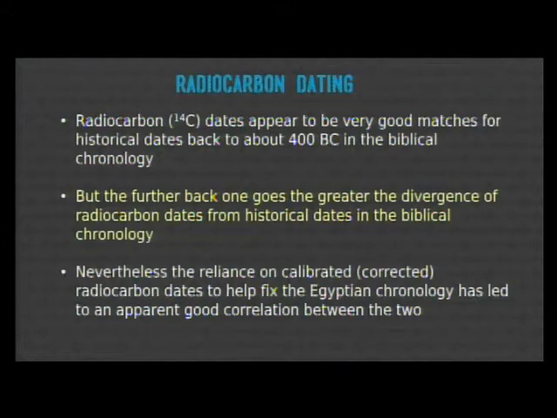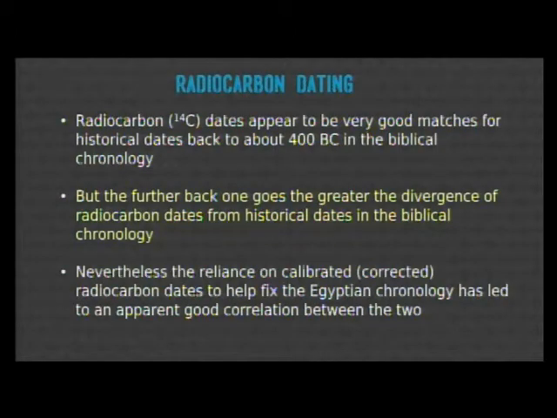Now, radiocarbon dates appear to be very good matches for historical dates back to about 400 BC in the biblical chronology. The further one goes back, the greater the divergence of radiocarbon dates from historical dates in the biblical chronology.